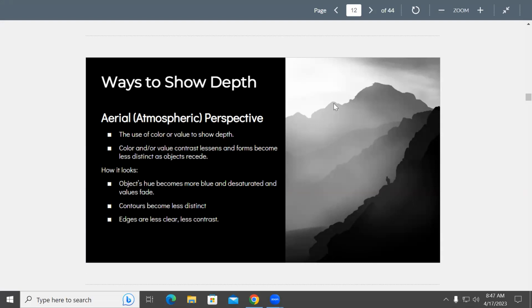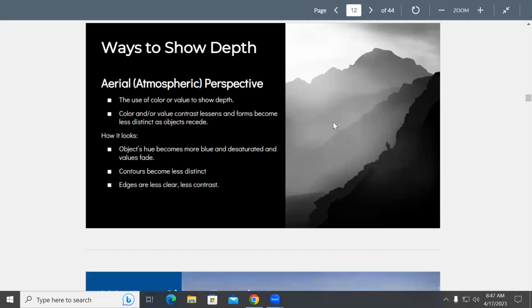And also when you use contours, like the outlines, that are more or less contrast, it also gives that element the feeling of being far away from you. So here, see, they use the darker values, so it looks closer to you, and when they use the lighter values, they are far away from you.